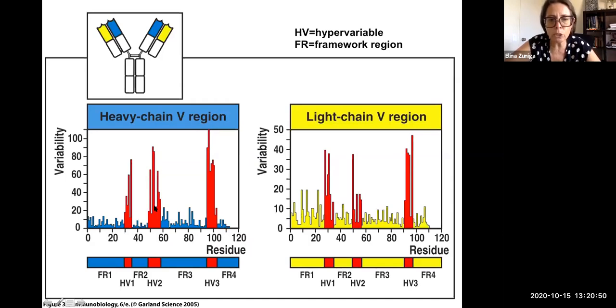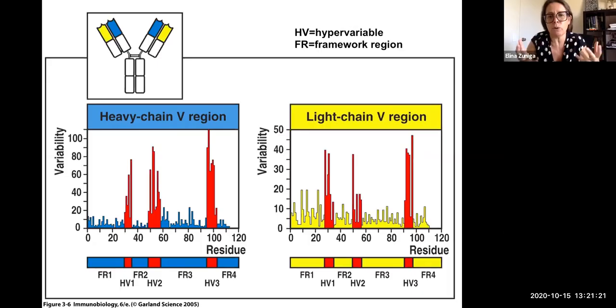But there were some regions that were called hypervariable regions, where the amino acid residues among the different immunoglobulin molecules, the different heavy chain variable regions and the different light chain variable regions in all the antibody molecules that they were analyzing, were very different. So the sequence of amino acids in these regions were very different, and they were called hypervariable regions. And it makes sense that it was different, right?